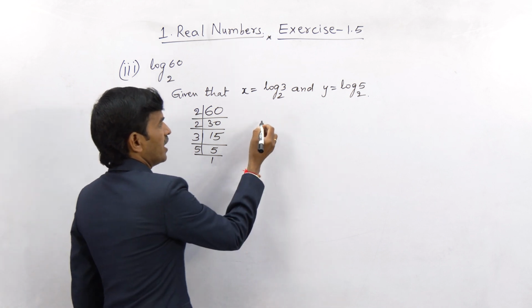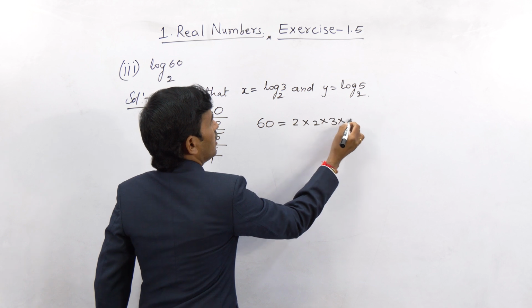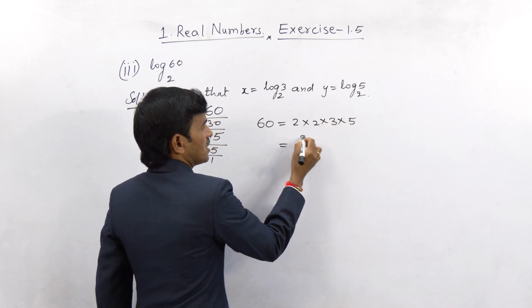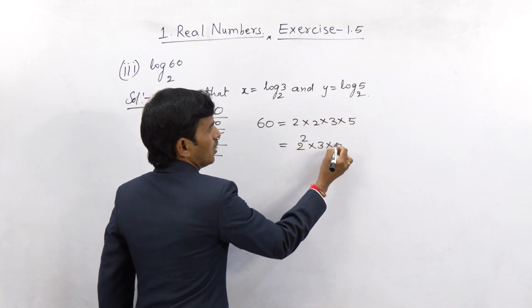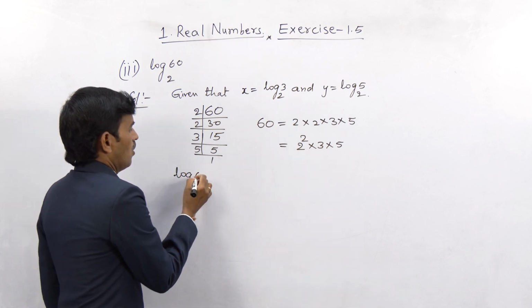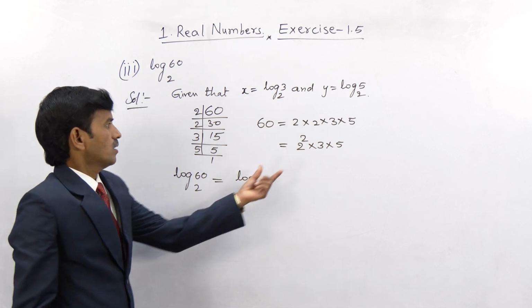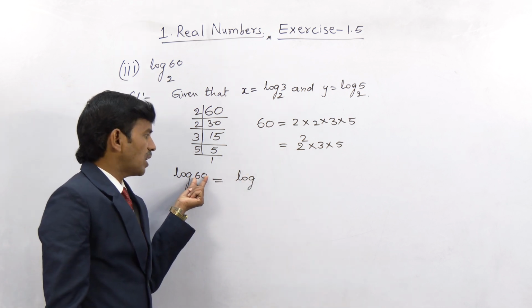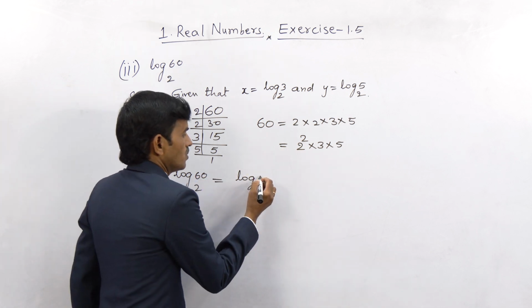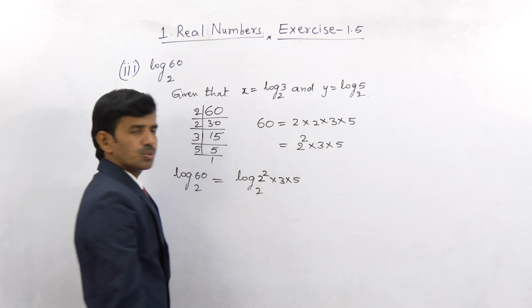So 60 can be written as 2 into 2 into 3 into 5, which is 2 square into 3 into 5. So we can apply log 60 to the base 2, substituting these values in place of 60: 2 square into 3 into 5 to the base 2.